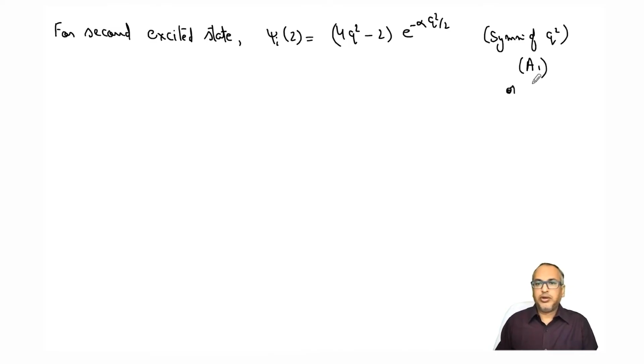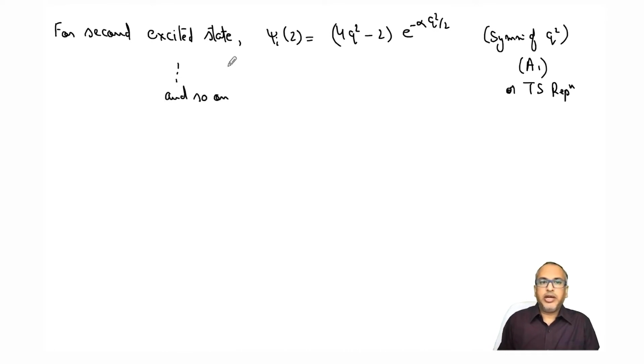Or totally symmetric representation. Similarly, if you go to the third excited state, you will again see that it will have the symmetry of Q alone, right? So the symmetry of Q will be equal to the symmetry of the normal coordinate or normal mode. And so on.